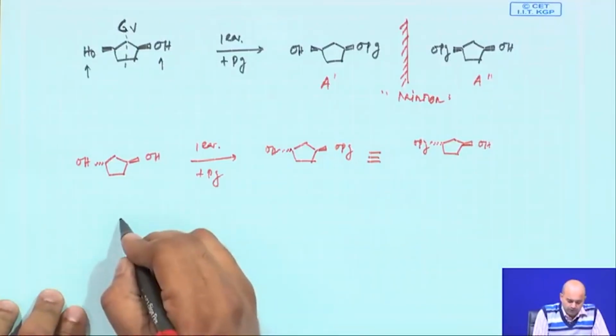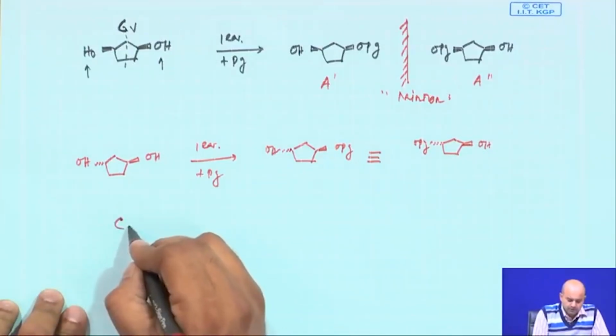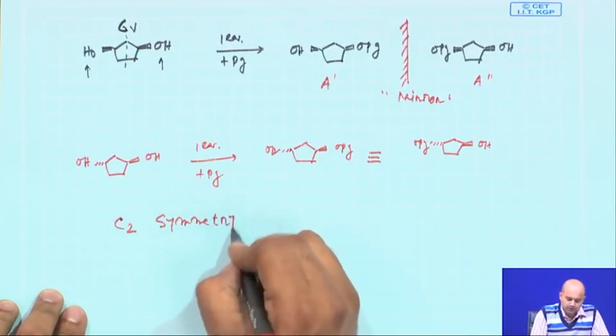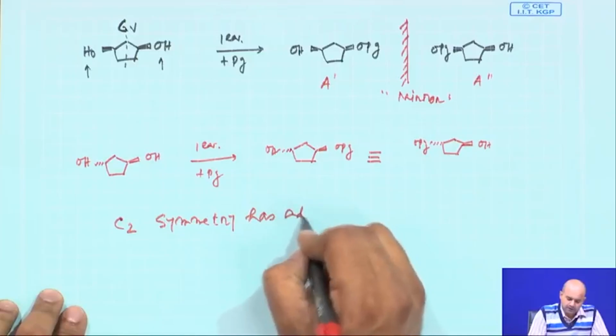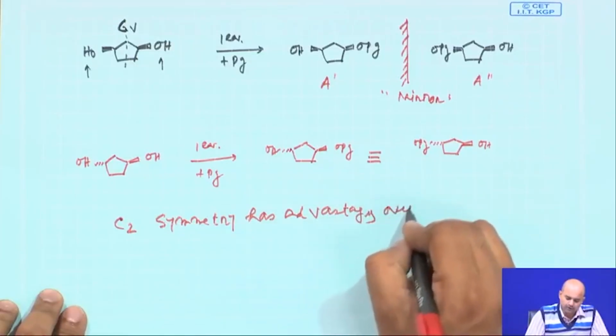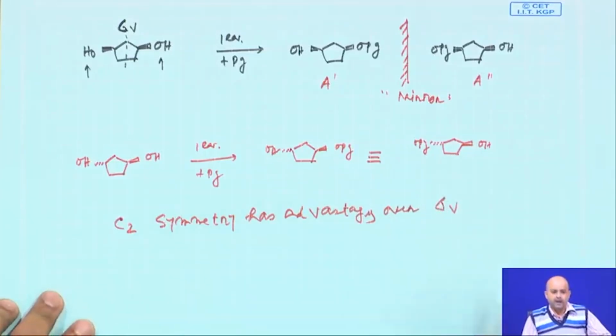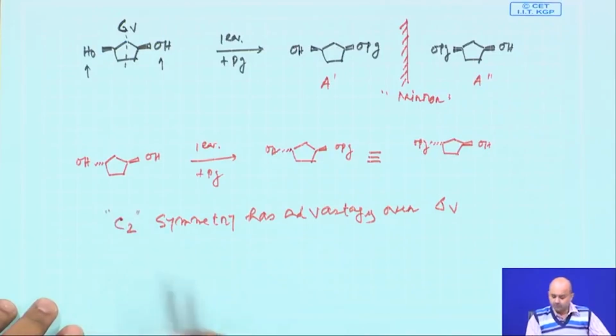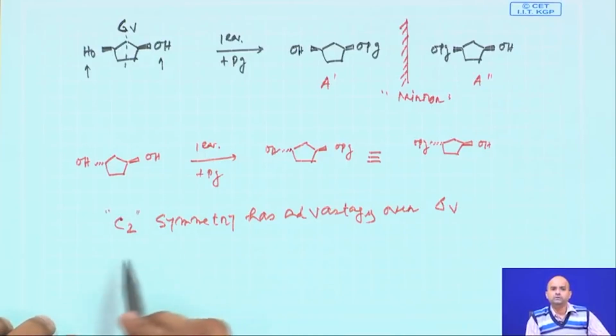That is why C2 symmetry, if your molecule is C2 symmetric, has advantages over sigma v, and it happens that many times your starting material, intermediate or precursor has C2 symmetry. We will be discussing these strategic points when we talk about stereochemical strategies, a little bit later in our discussion.